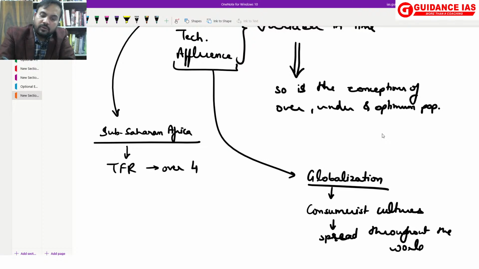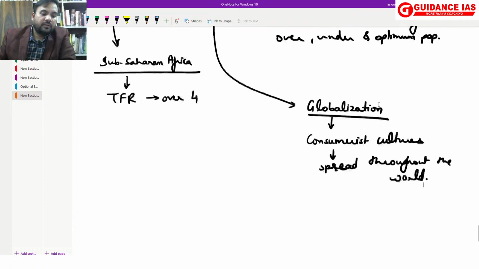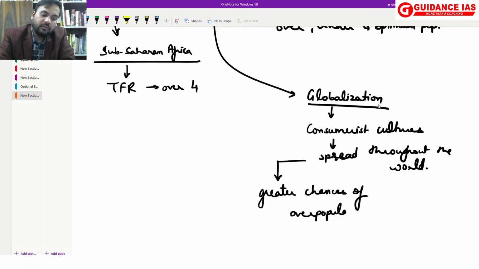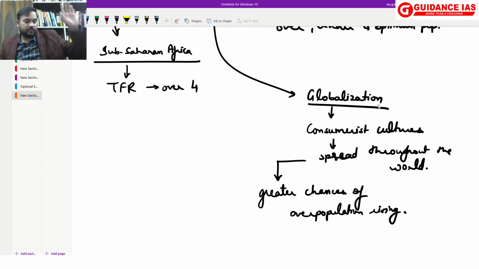Yes or no? And with this, what will happen? Can I say there is a greater chance of overpopulation rising? Tell me, can we say that? Yes or no?